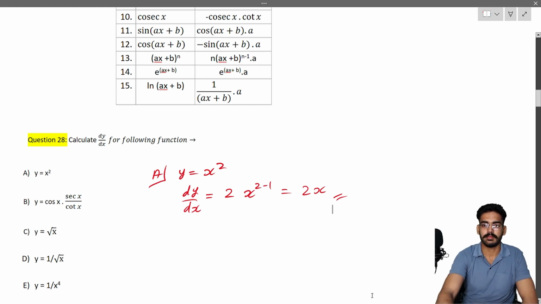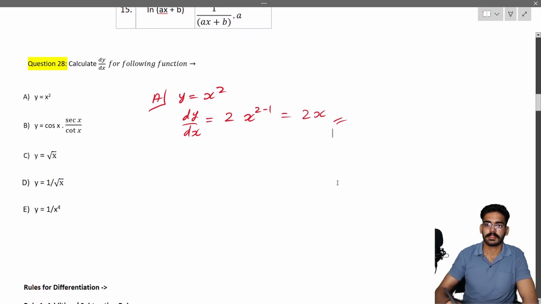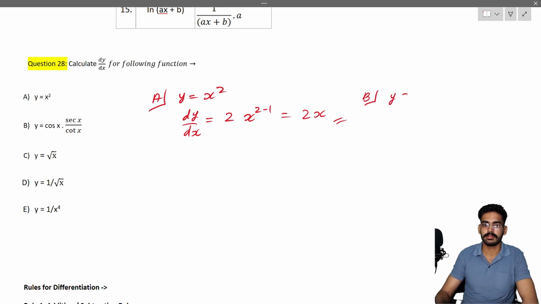Now let's do part b. What is part b? y equal to cos x multiplied by sec x divided by cot x. Now let's simplify this function. Sec x is 1 by cos x, so cos x cancels out, and 1 by cot x is tan x.